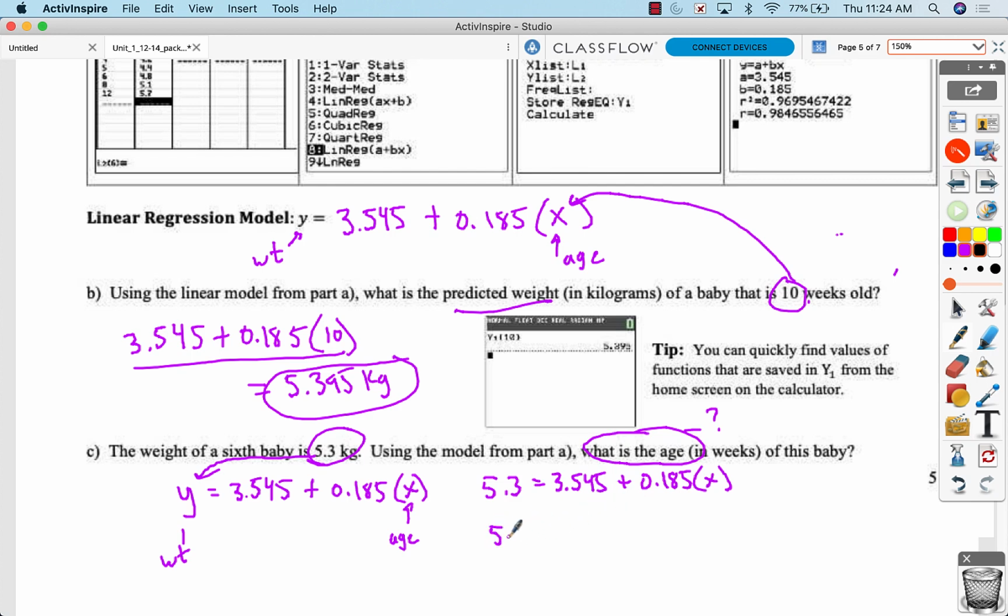So it's going to be 5.3 minus 3.545. I just subtracted that over, and then that equals 0.185 times x. Now I just divide this. So my age is going to be 5.3 minus 3.545, you can pull this up and do it.